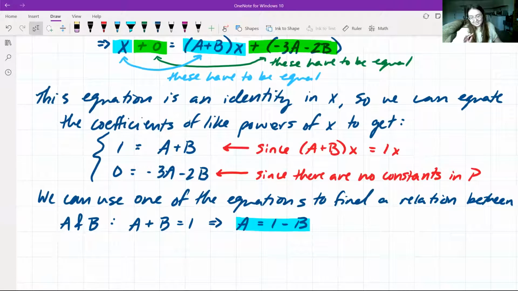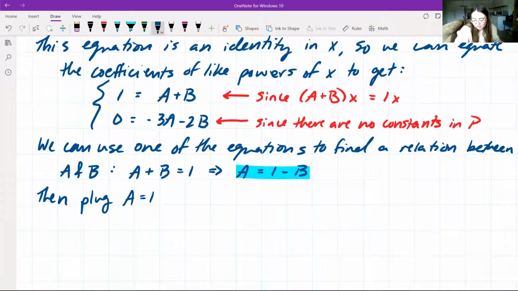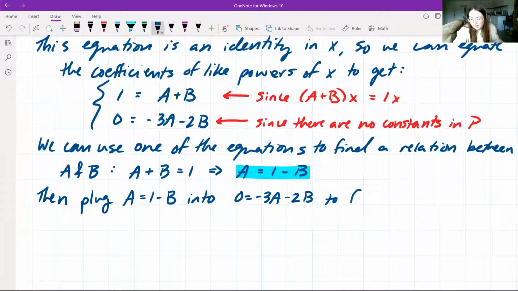We could plug it back into the same equation, but it's better to use the other one. So we have that a is equal to 1 minus b, then we'll plug a equals 1 minus b into 0 is equal to negative 3a minus 2b to find the value of b.